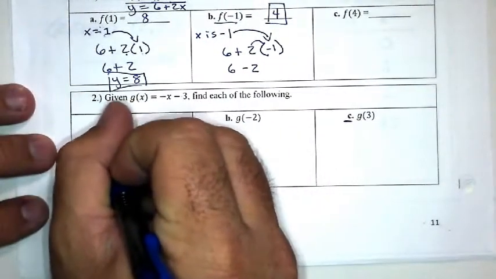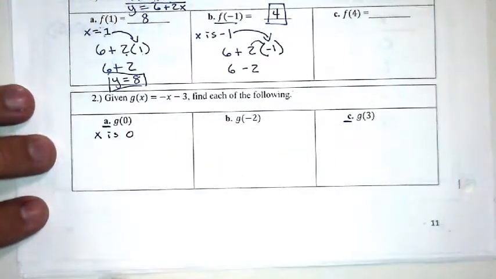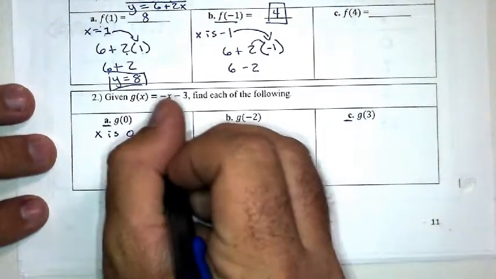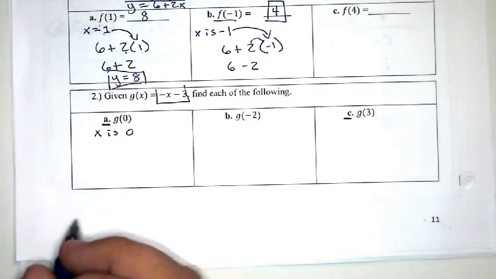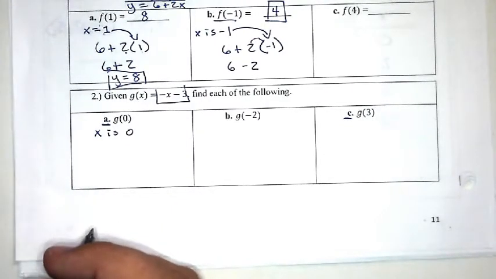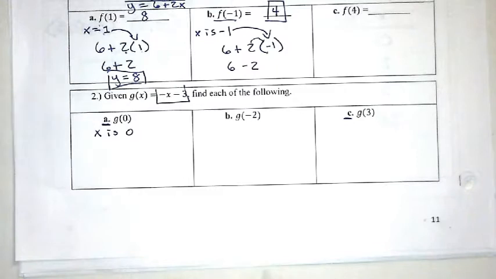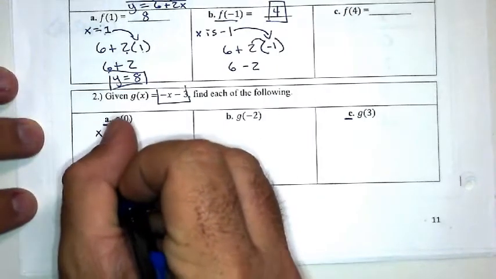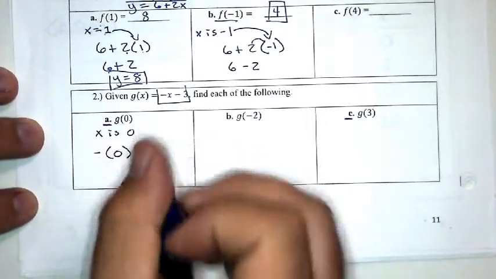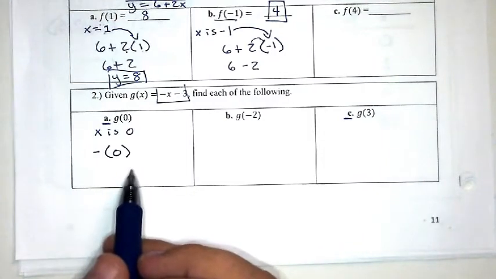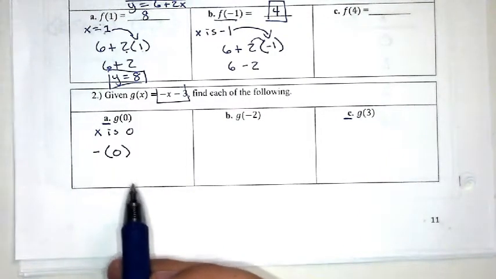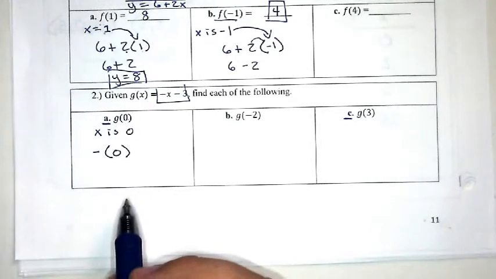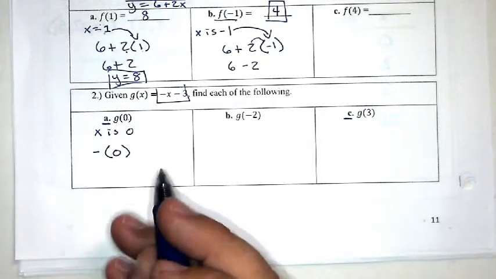Here is my expression that I want to use. What's step number 1? Substitute. Negative, parentheses 0. Always put a parentheses around where you substitute. Do you think that's important? If I just yelled it like that, do you think that's important? Yeah, it's important. Always put parentheses around where you substitute.